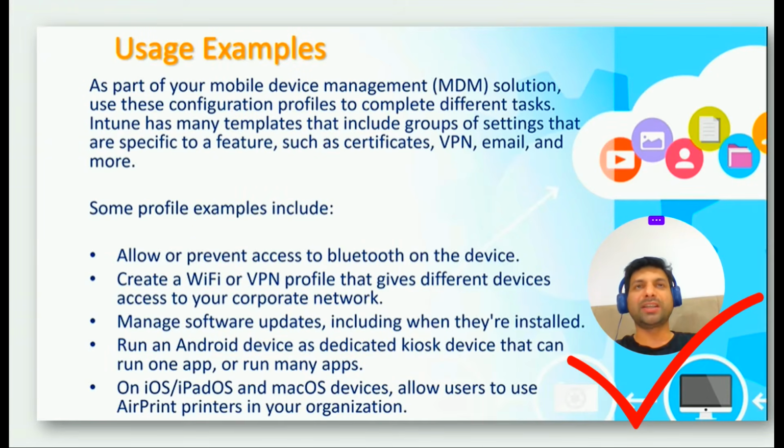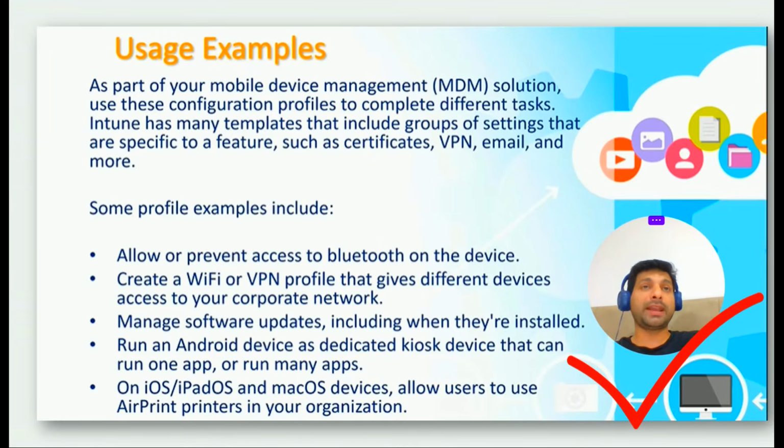All these we can restrict in Google Chrome, and we have thousands of policies in group policy. So when it comes to Intune, almost all the policies available in group policy are available in Intune, and we have more than that.